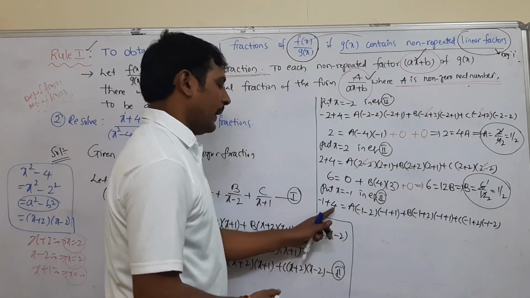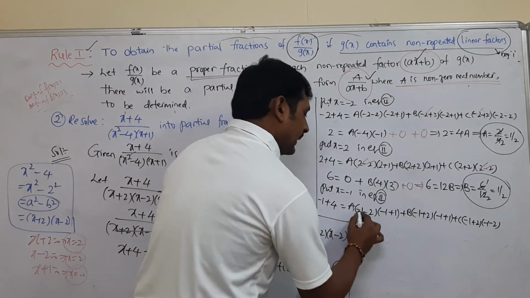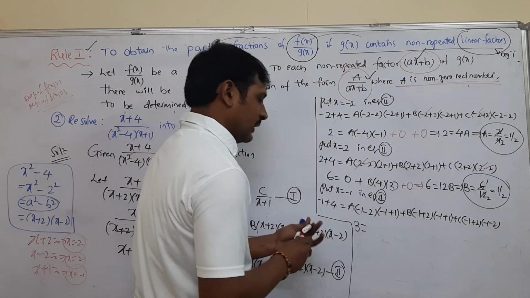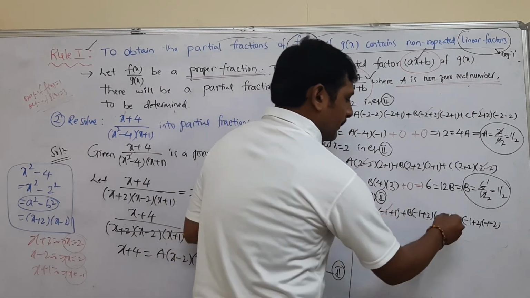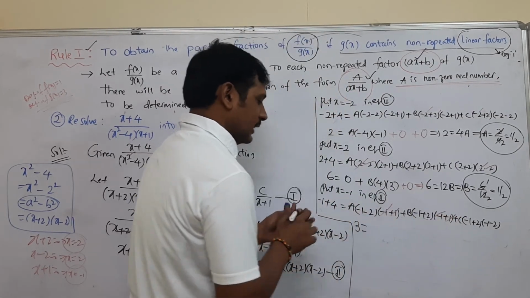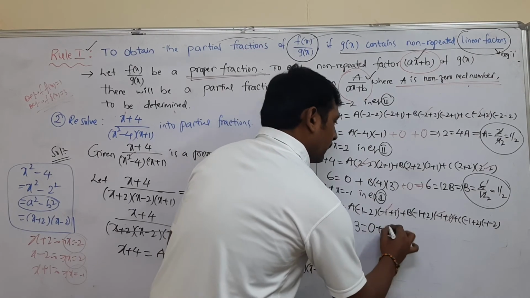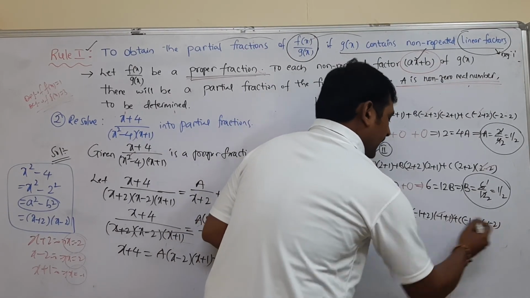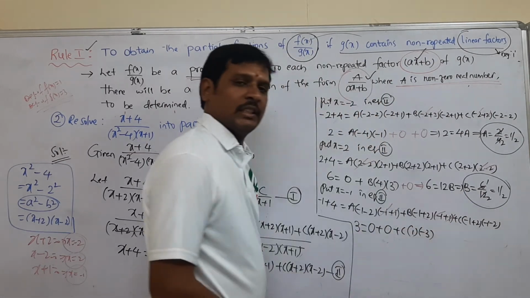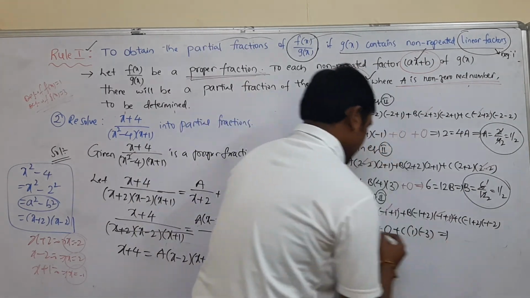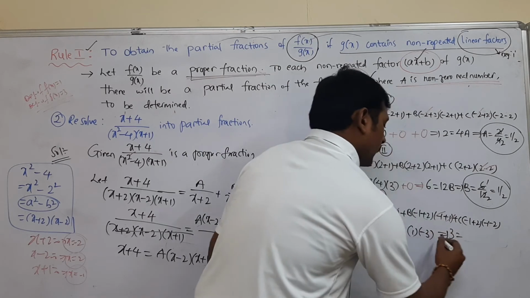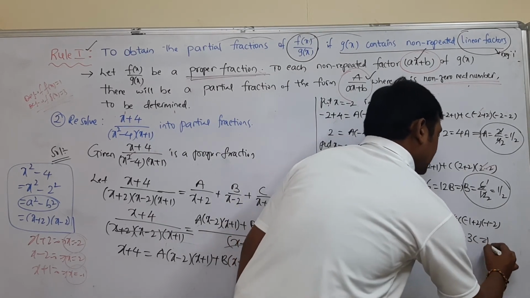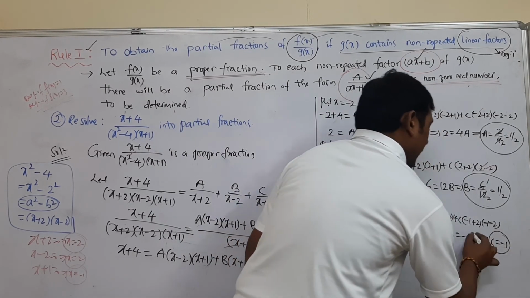Right? So minus 1 plus 4 is 3, and here minus 1 plus 1 is there, so this gets cancelled. Minus 1 plus 1, this gets cancelled. So what you can write? 0 plus 0 plus c into 2 minus 1 is 1, minus 1 minus 2 is minus 3, which implies 3 equals minus 3c, nothing but c equals minus 1.